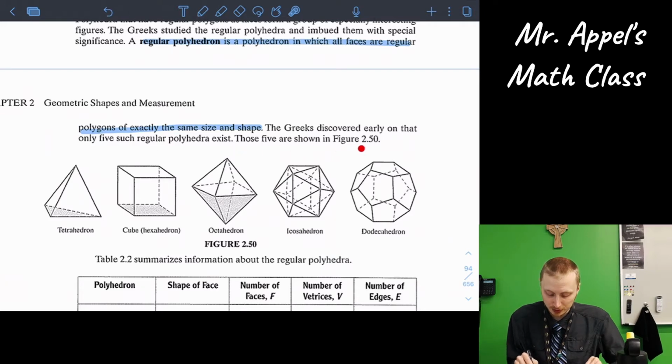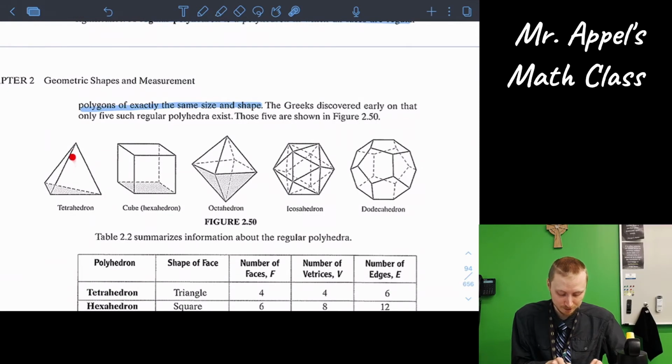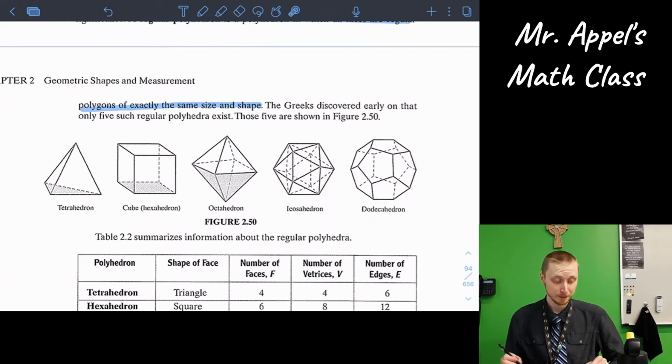Those 5 are shown here in the figure. We have the tetrahedron, the cube, the octahedron, 8 sides, icosahedron, my favorite, the 20-sider, and the dodecahedron, do 2, deca 10, 12-sided.